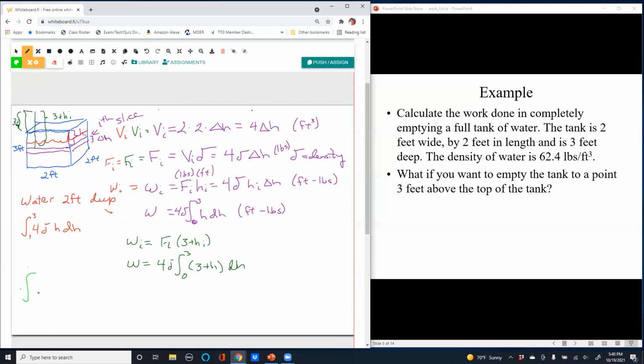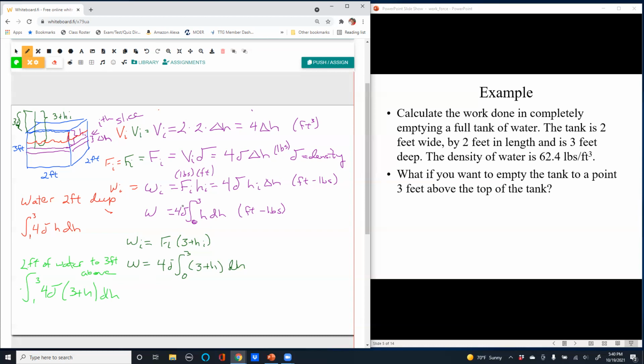It'll still be the 1 to 3 on the limits for delta (3 + h) dh. So this would be 2 feet of water to 3 feet above.